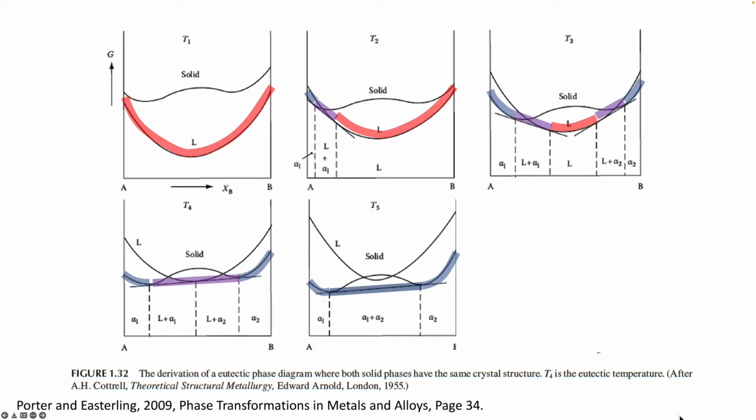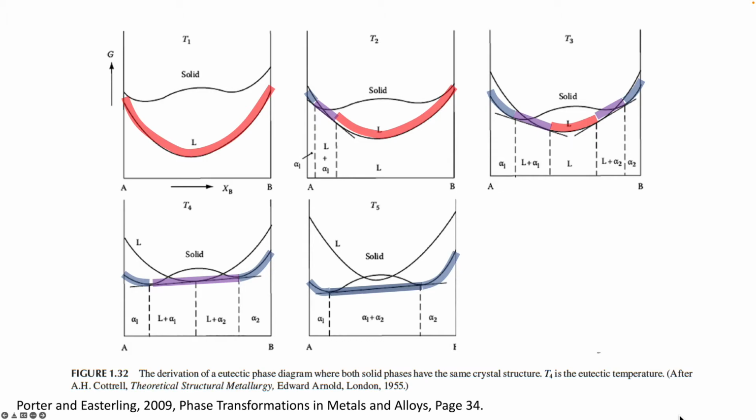You may wonder why there's no liquid phase at all, especially around 50% A and 50% B. The liquid phase actually has a lower Gibbs free energy than the solid phase. Then why are we only getting the solid phases? The answer lies on where the tangent points are. The tangent points are alpha 1 and alpha 2 in this example.